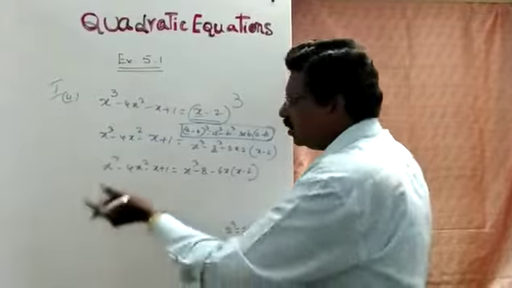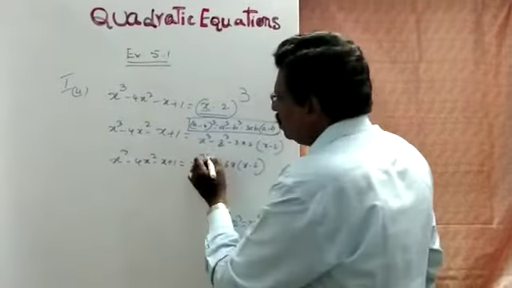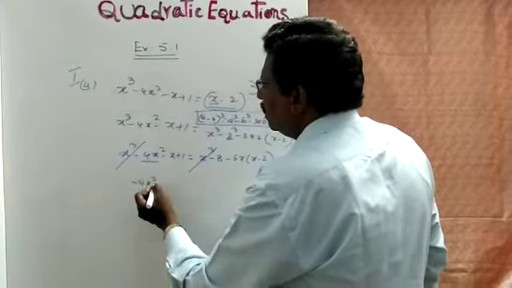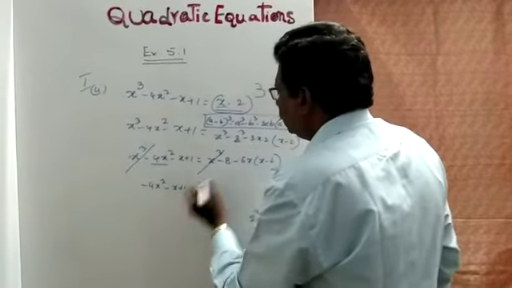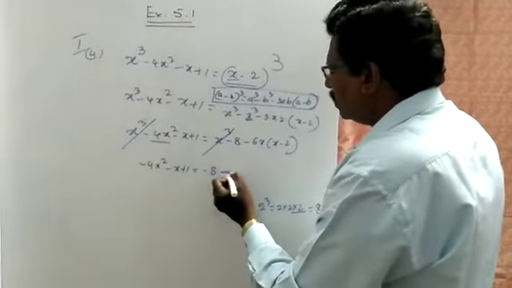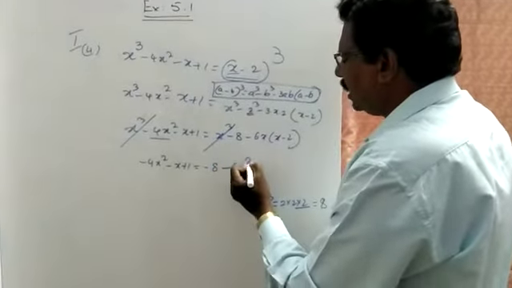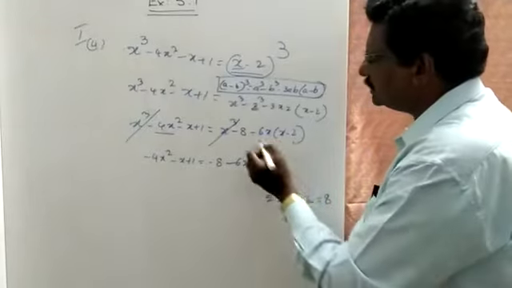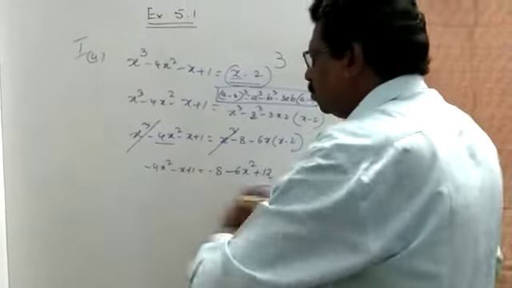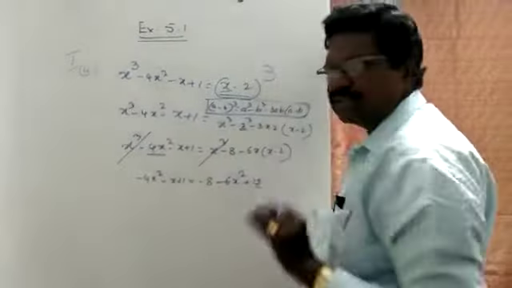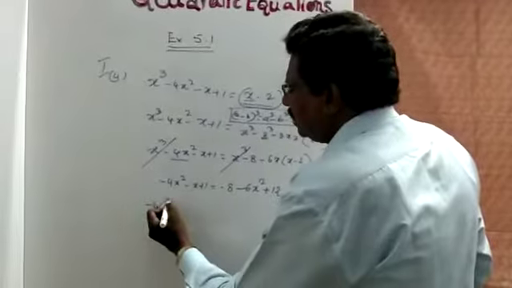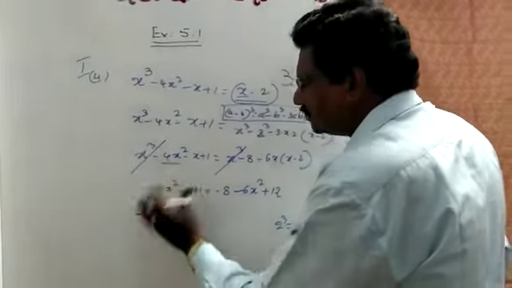Why are we going to take more time? You have to cancel here only. Here minus 4x square minus x plus 1. Here minus 8 minus 6 into x, minus 6x square, minus into minus plus, 6 2s are plus 12x. Again you have to take all the values to one side. This value goes to minus 4x square minus x plus 1 is the left side remaining value.